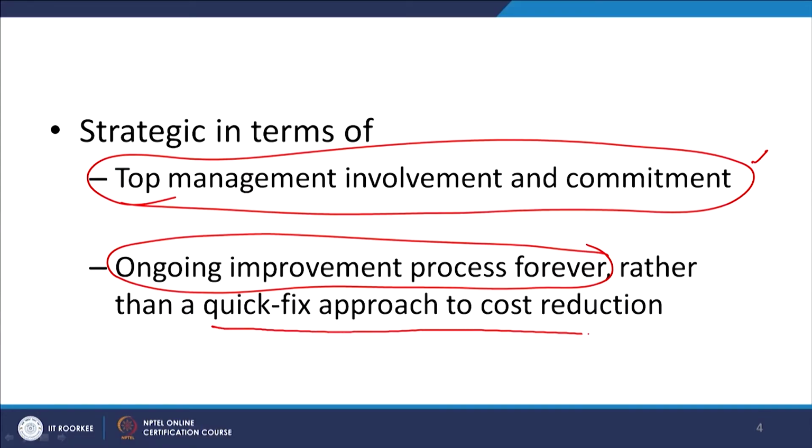One is the involvement and commitment of the top management, and second is that it has to be an ongoing, continuous process of improvement. Sometimes we understand manufacturing as being, by hook or crook, just about cost reduction, how you can reduce cost.